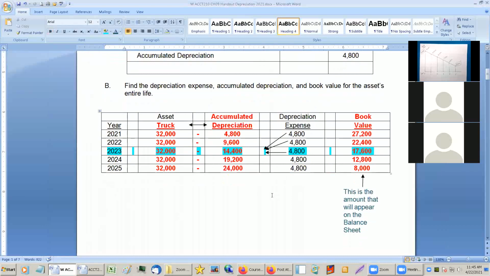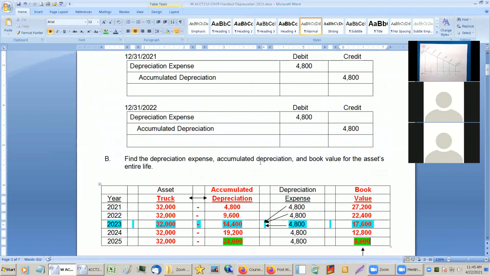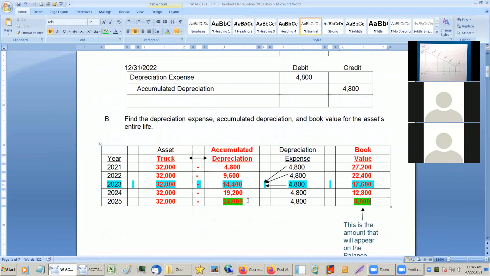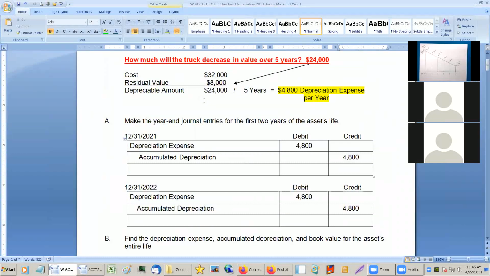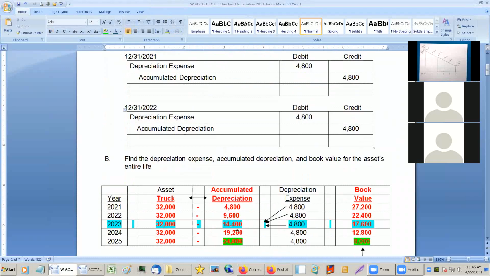Now, actually, I want to talk about one more thing about this, then I'll go to the next one, and that is these two. I can't quite get it on the same screen, but the 24,000 is the depreciable amount.